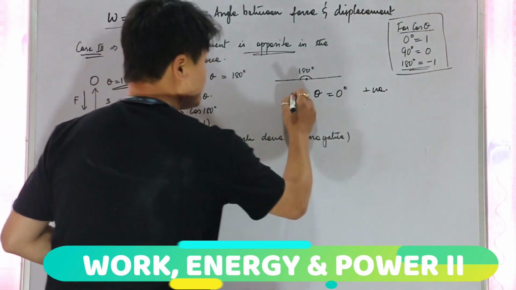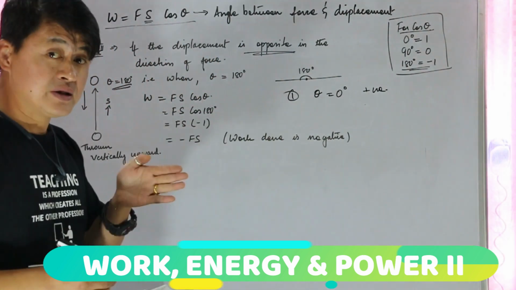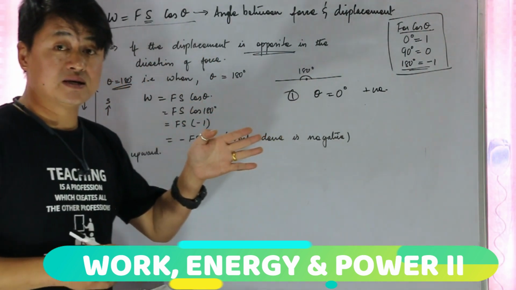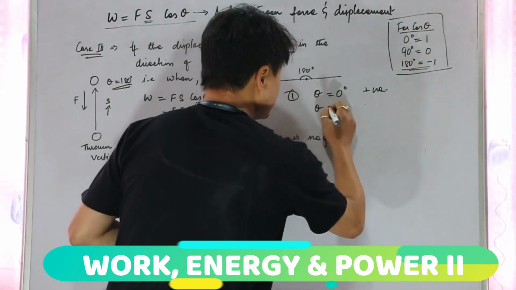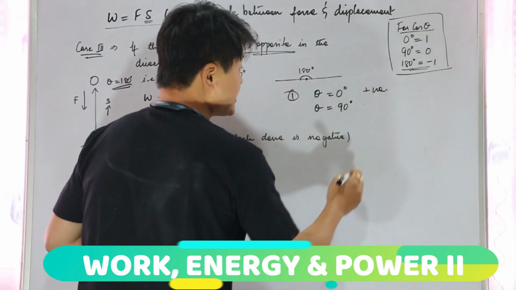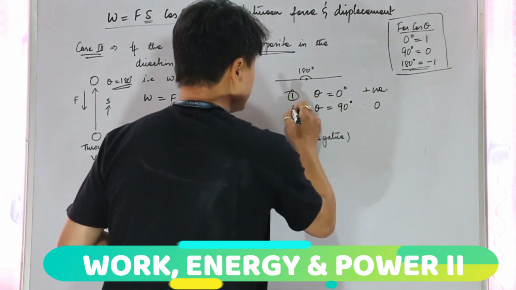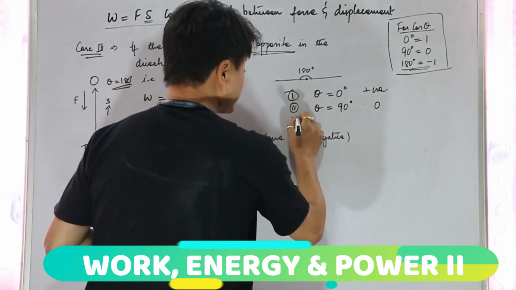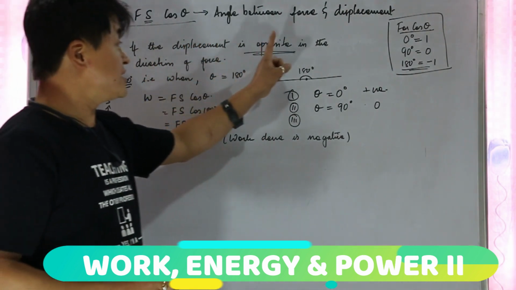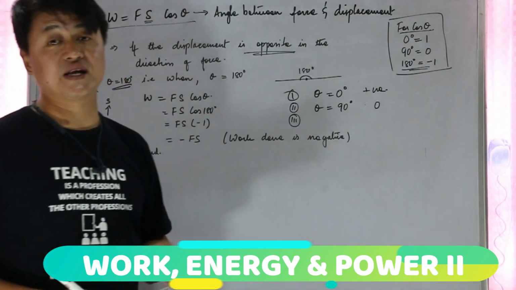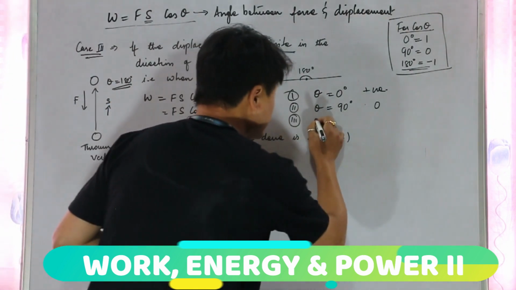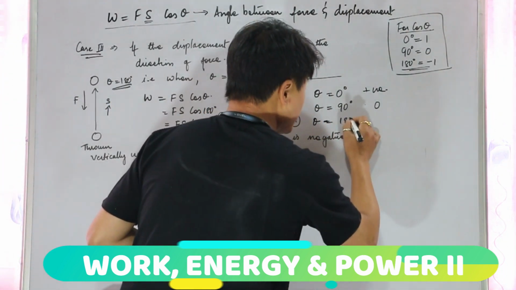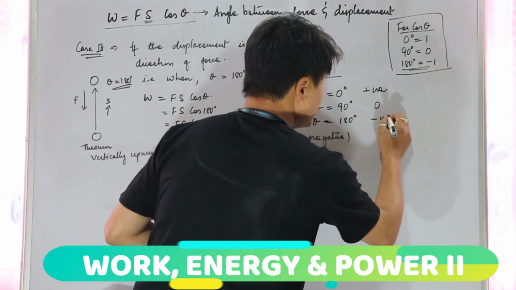That is case 1. When the displacement is normal to the direction of the force, theta will be 90 degrees, and the work done will be 0. And the third case, when the displacement is opposite to the direction of the force, or when theta is 180 degrees, the work done will be negative.